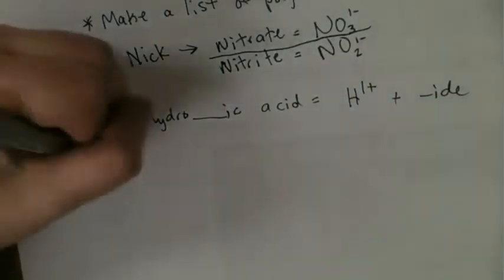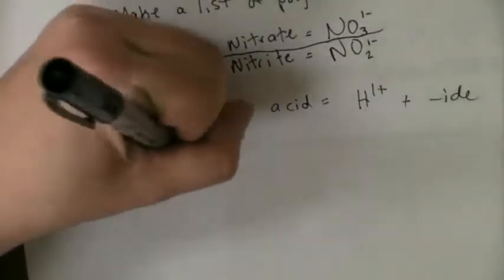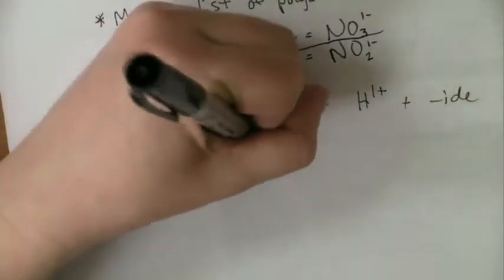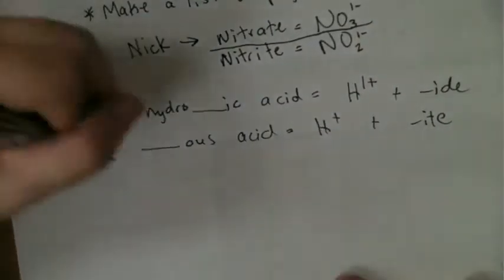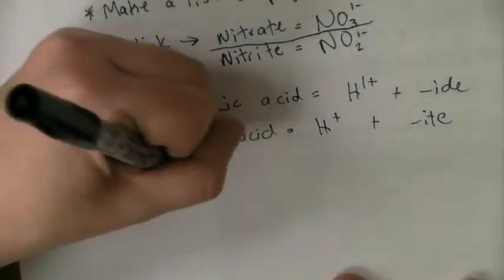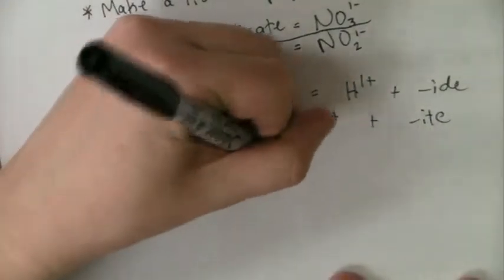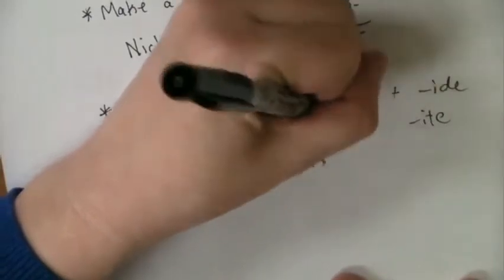We know hydro, ic, acid equals hydrogen plus an ide ion, right? And then we know root word ous, acid, that equals hydrogen plus an ite ion. And then we know if it's something ic, acid, that equals hydrogen plus an ate ion.